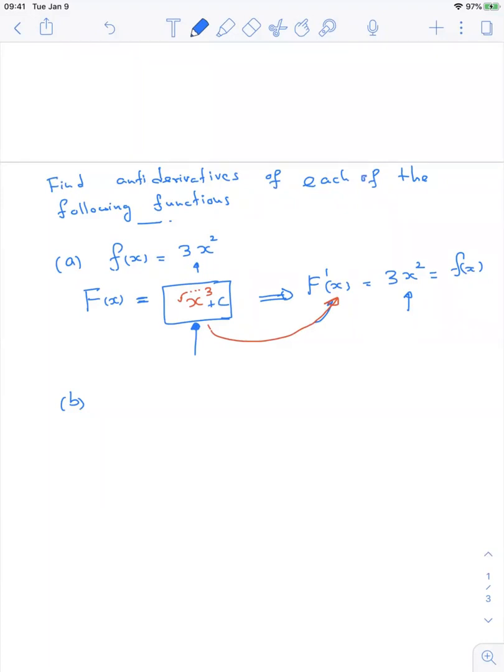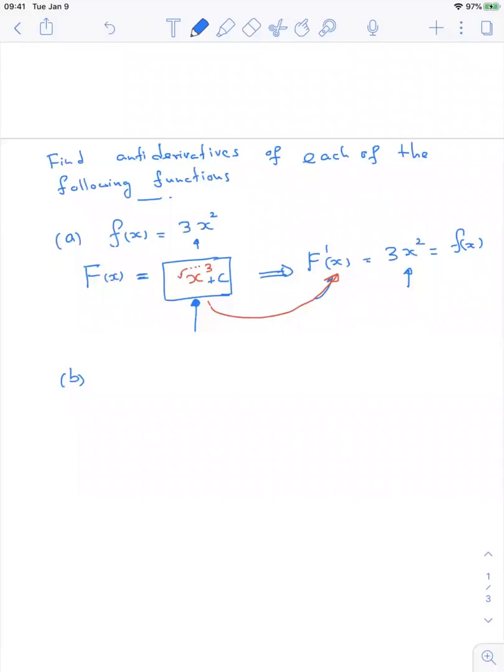Thank you for that. Now, how about this function, f(x) equals 1 over x? What will be the antiderivative of this function?